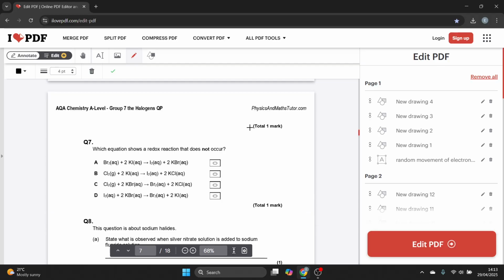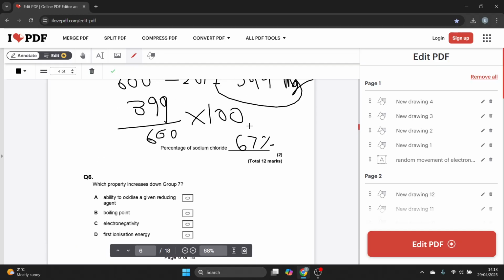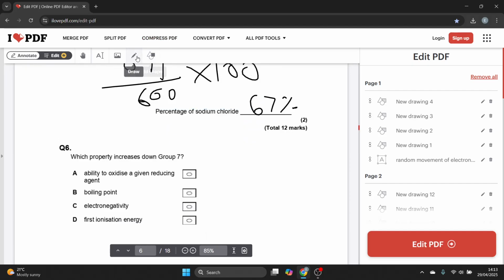Which property increases down group 7? This one's a bit tricky. If you've memorized the trends beforehand, good, but I've forgotten them.